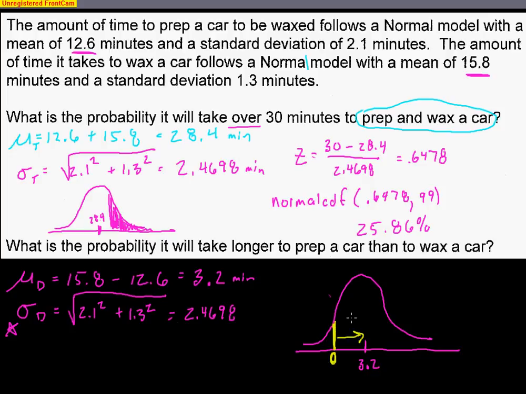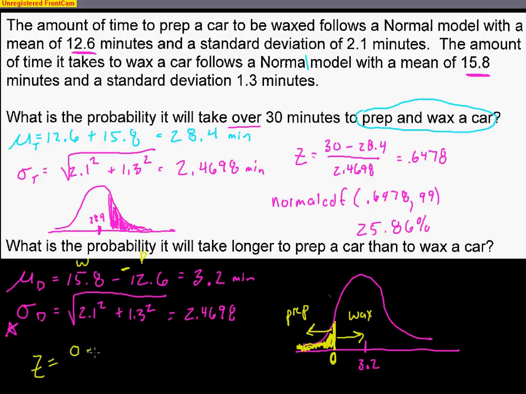This side of 0, waxing takes longer like it's supposed to. This side of 0, prepping takes longer like it's not supposed to. I'm trying to find anything below 0, because if you subtract wax minus prep and you get a negative number, then it would take longer to prep. So that's the area down there.